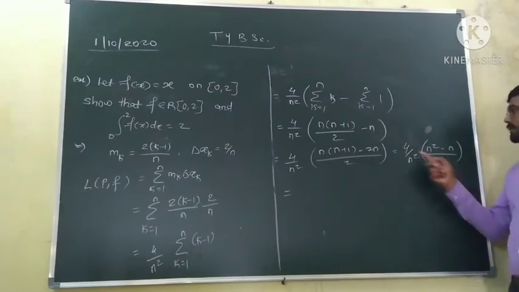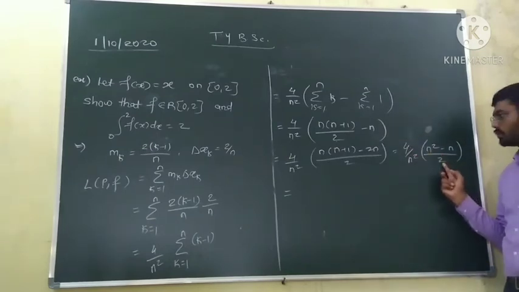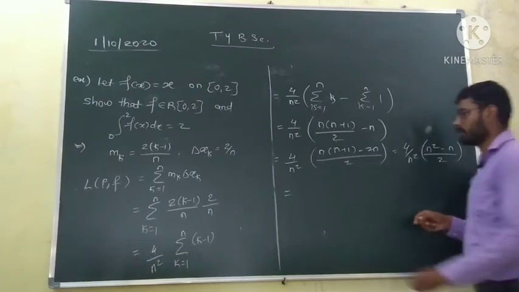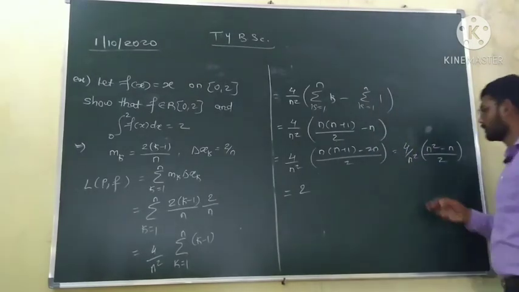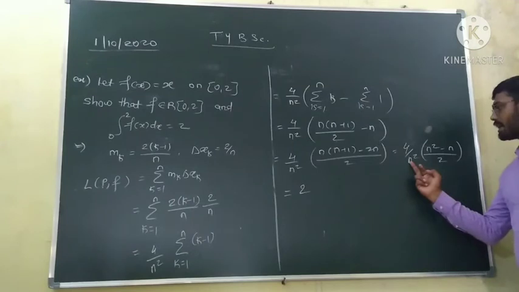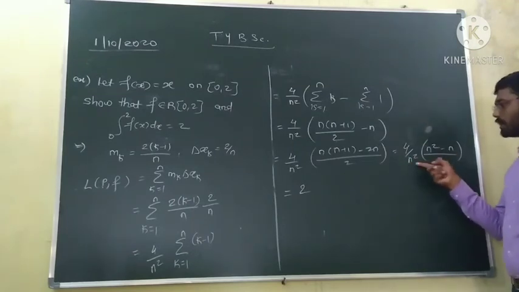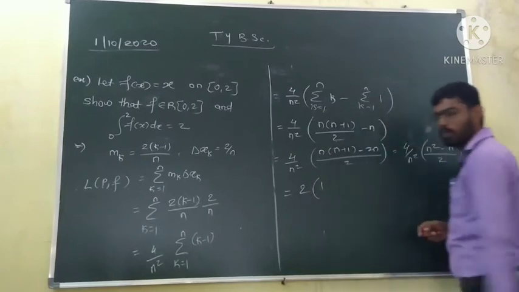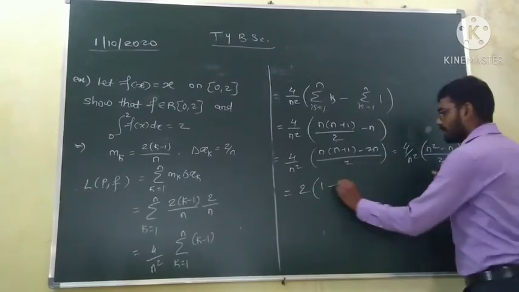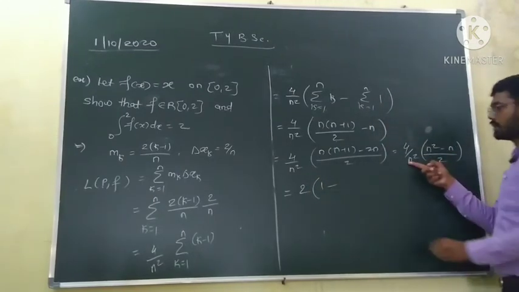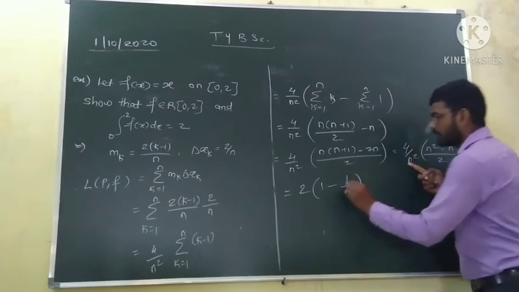So this is equal to, now divide 4 by this 2. So we get 2 into, and take this denominator inside the bracket. So n square upon n square is 1 minus n upon n square, so 1 by n. Okay.